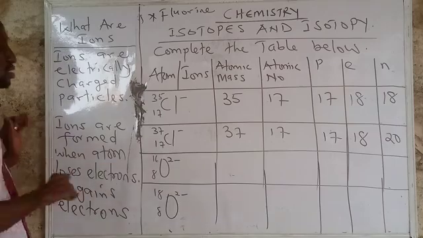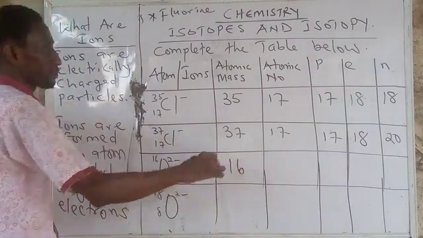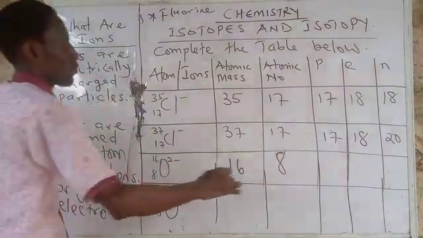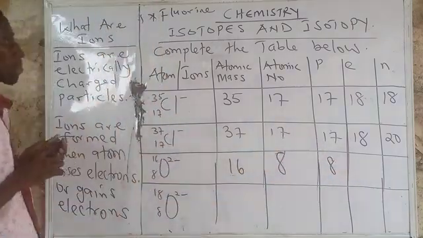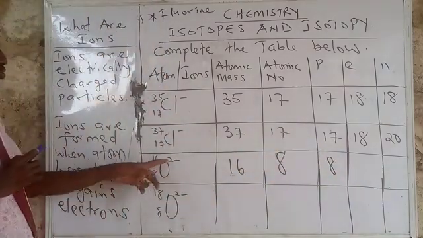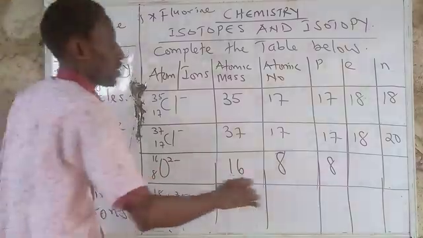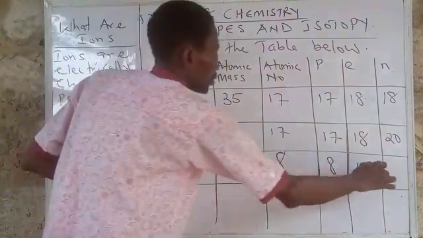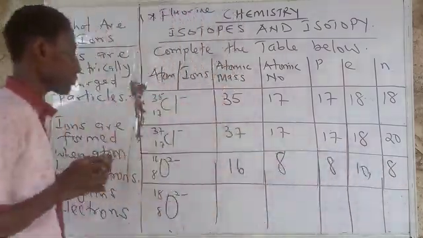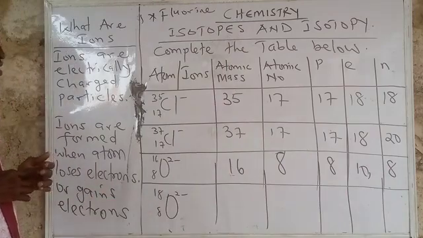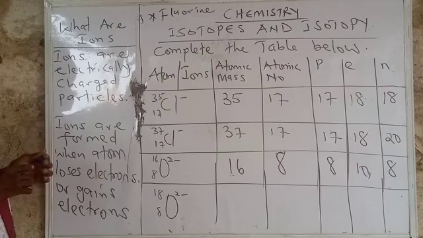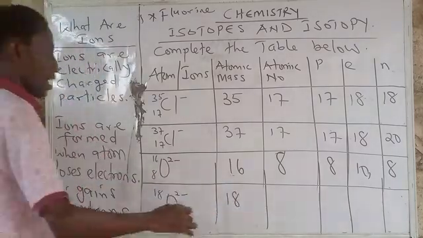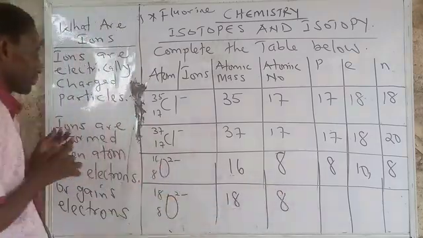Oxygen 16. Atomic mass 16. Atomic number 8. The number of protons 8. The number of electrons, add 2 to this, that's 10. While the number of neutrons is also 8. For oxygen 18, that means atomic mass 18, atomic number 8.